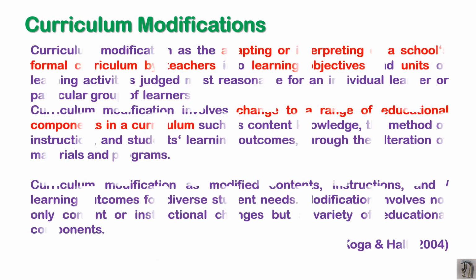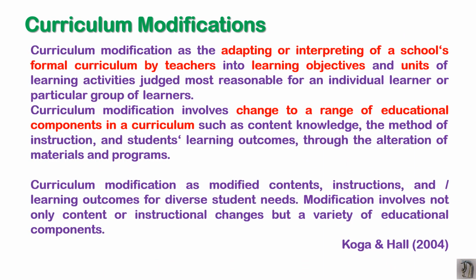Now, what is curriculum modification? Curriculum modification is nothing but adapting or interpreting the school's formal curriculum by the teacher. For example, in school you have English, mathematics, first grade English, second grade English. So how are you going to adapt or interpret the formal curriculum for special education need, and who's going to do it?